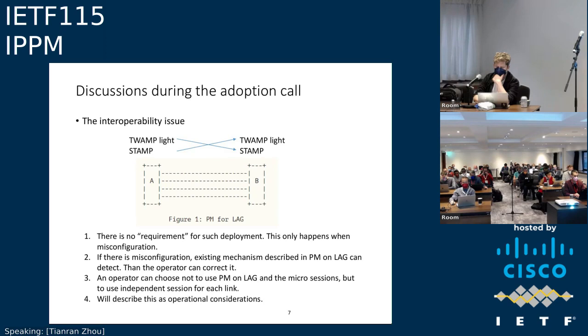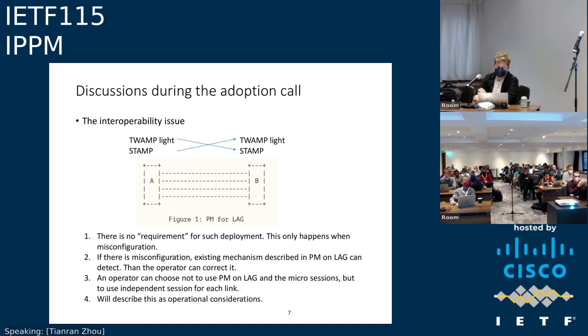There were some discussions during the adoption call. It's about the interop issue, because TWAMP Light and STAMP are different in format. A TWAMP Light sender with a STAMP reflector, or a STAMP sender with a TWAMP Light reflector, may have issues. Our conclusions are, firstly, there is no requirement for such deployment. This only happens with misconfiguration.